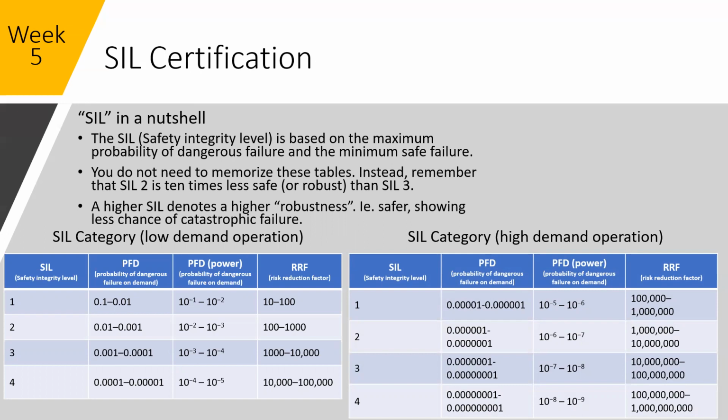Almost always, the higher the SIL, the higher the cost for the equipment and the setup and the engineering of it. So the higher SIL denotes the robustness of the device. Any questions? If this seems very vague and very high level, it is.